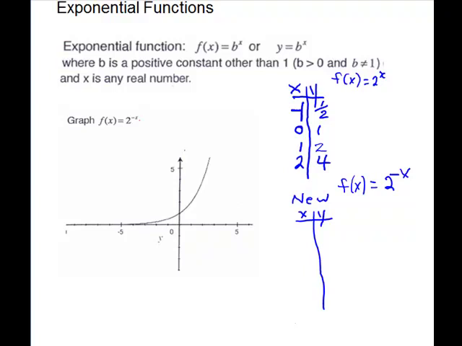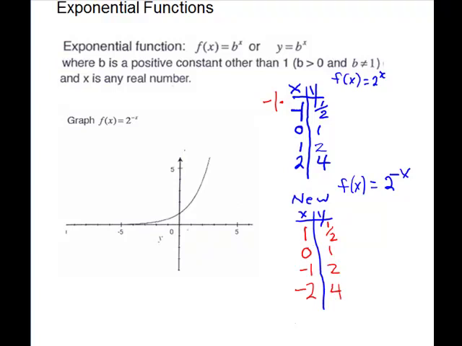So we're going to just multiply our x column by a negative 1. All right, so we will have 1, still have 0, negative 1, and negative 2. Our y column stays the same, a half, 1, 2, and 4.